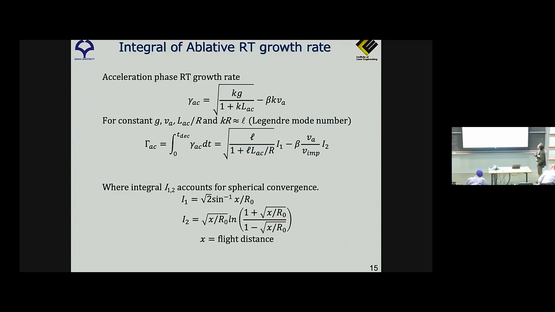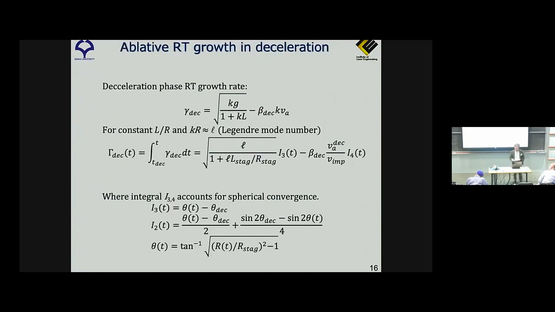And I1 and I2 are described like this. In the same way, the deceleration phase growth exponent, large gamma t, is also described in a very similar expression with different integrals, I3, I4. Those are also analytical functions.